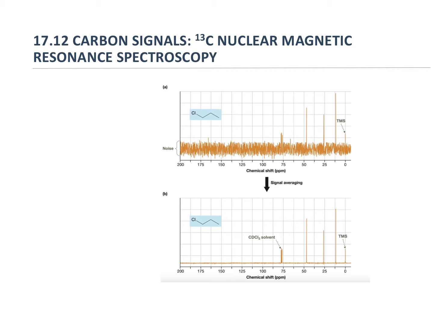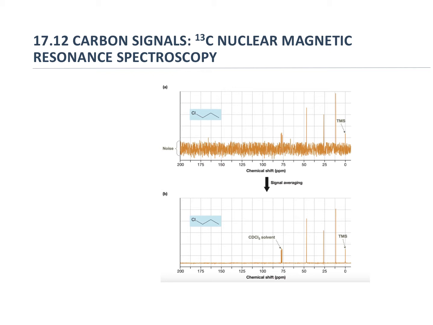In carbon-13 spectroscopy, however, the frequency of the RF radiation that's used to irradiate a sample is significantly lower than that of a proton NMR spectra. Because of that, proton signals are not going to appear on a carbon spectra and vice versa. We're just not going to see that.